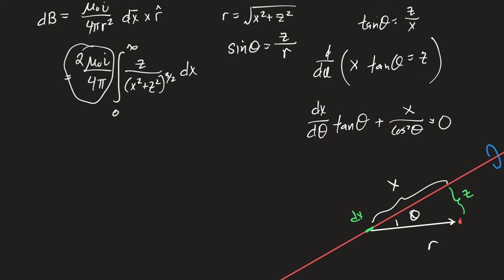So my feeling is I could press on here. I need to get the x's on one side and the thetas on one side and put those together so I can do my sub. But I also know I could, right now, replace the x here with z over tan theta, right?